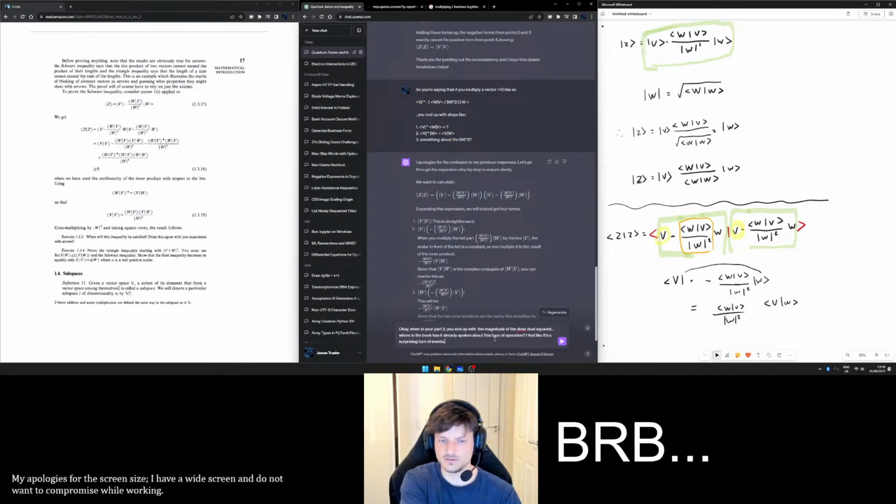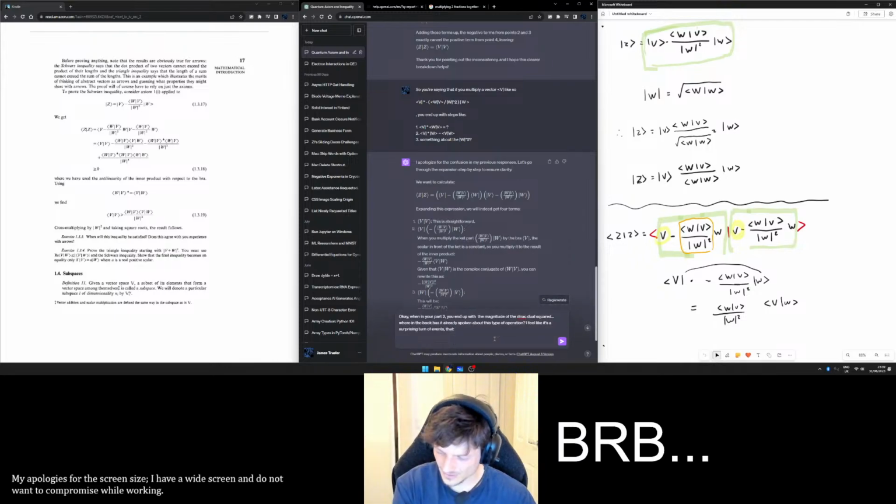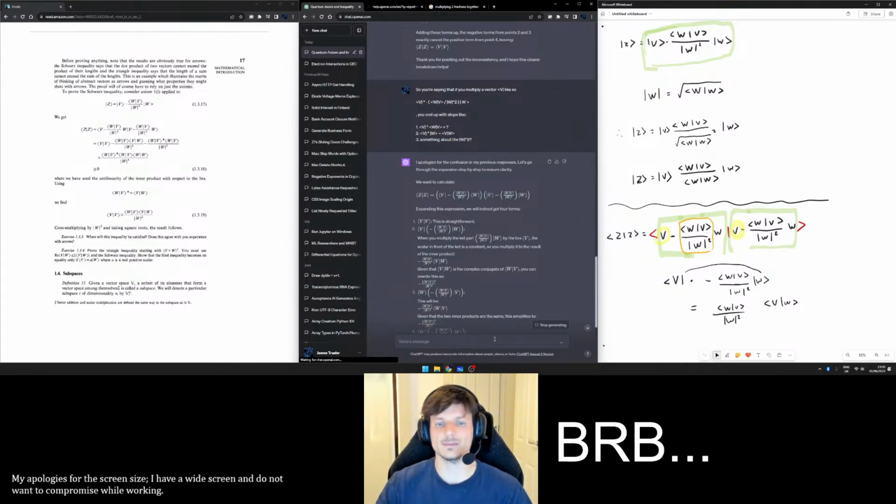I feel like it's a surprising turn of events that WV divided by the magnitude of W to the power of 2 multiplied by VW equals magnitude of WV to the power of 2 divided by magnitude of W to the power of 2. Let's see what happens.